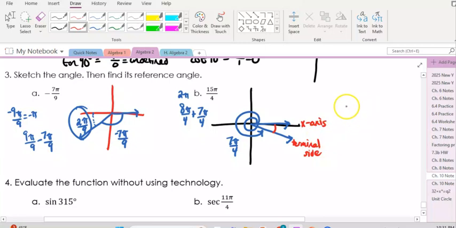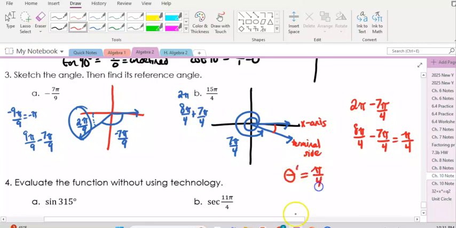It's in the fourth quadrant, and the formula for the fourth quadrant says we take 2 pi and subtract 7 pi over 4. All right, 2 pi is the same as 8 pi over 4, and when I subtract 7 pi over 4, I'm just left with 1 pi over 4. So the reference angle is just pi over 4.